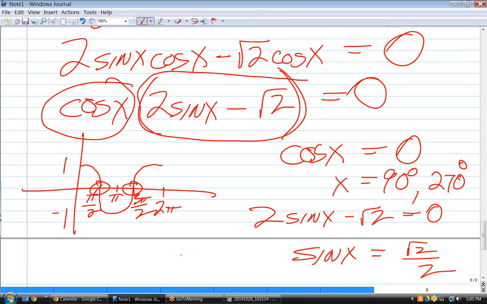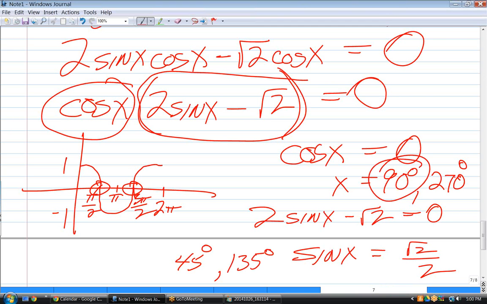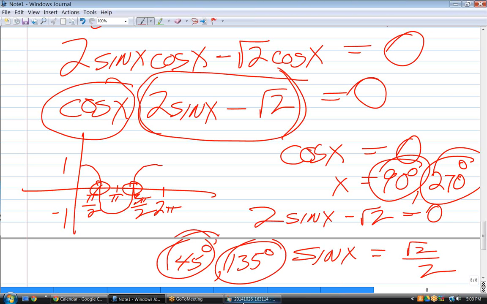So 45 degrees, and where else? Where else is sine positive? Which quadrant? Second. And then it'd be 135. So the 4 answers to this problem are that, and this, for x.